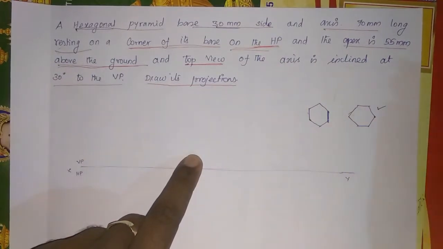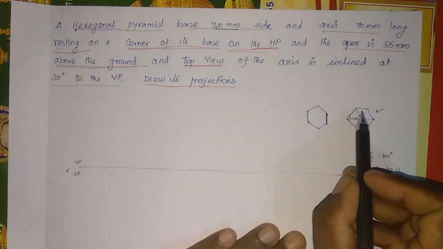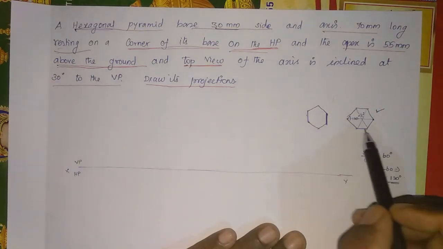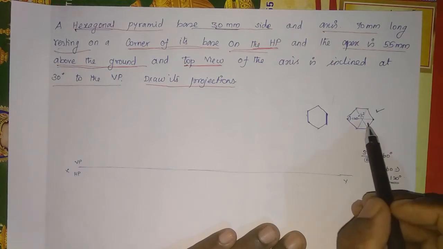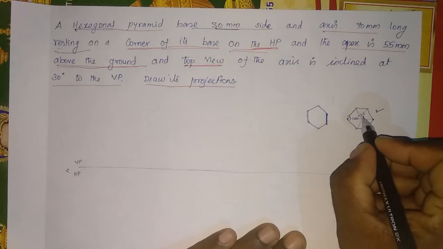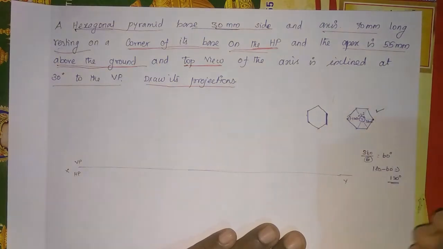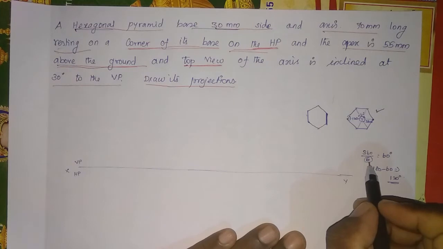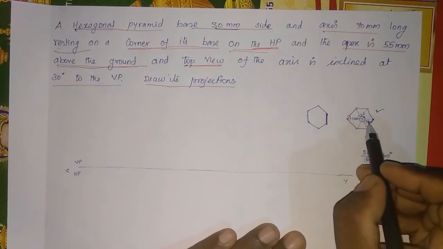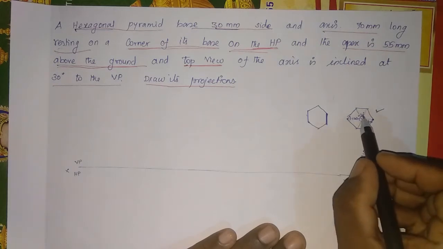So here I am taking this one. We know that the total number of faces in the hexagon is 6, and the total angle around is 360 degrees. By dividing by the number of faces, we get 60 degrees.